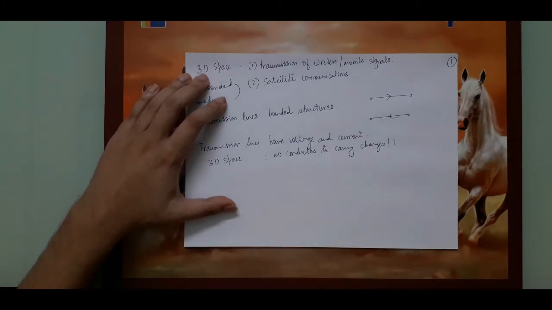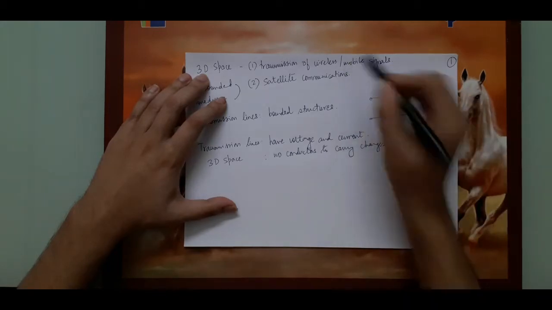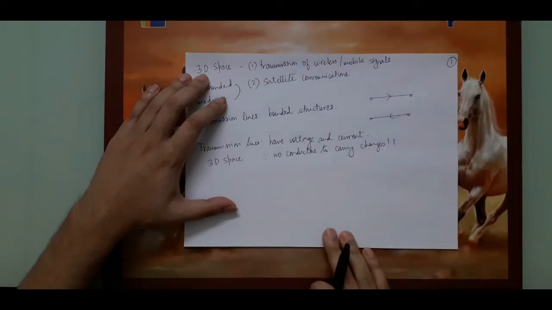Now, first question is, is it possible? Well, it is possible because we just saw two examples. We have a number of wireless communications which do happen. So then in that case, how are we able to sustain waves without conductors in 3D space?